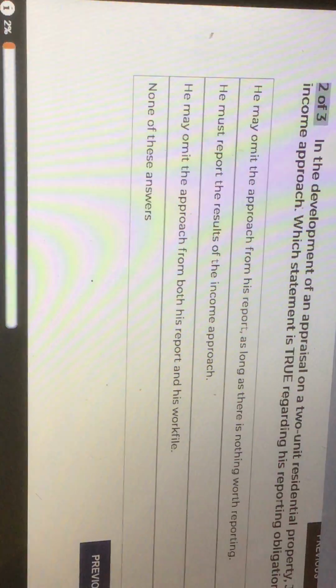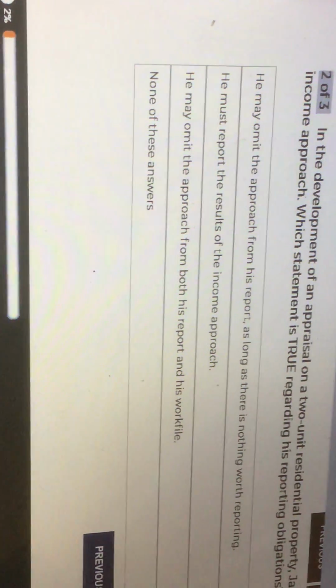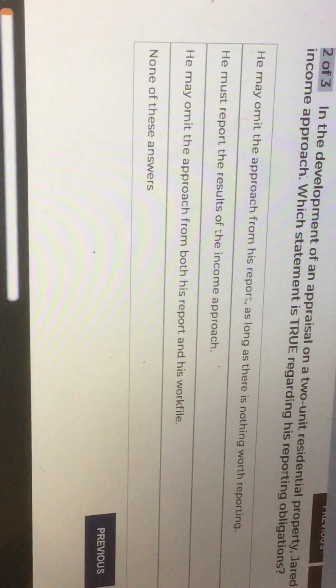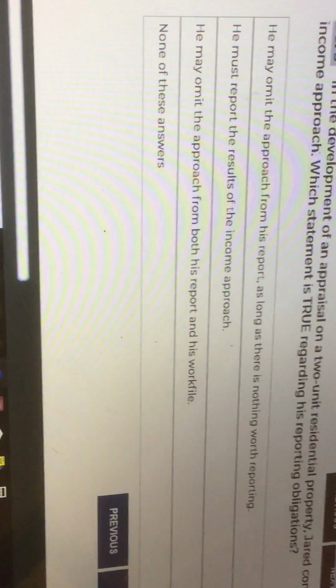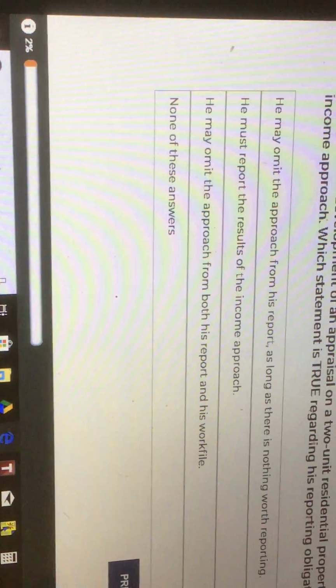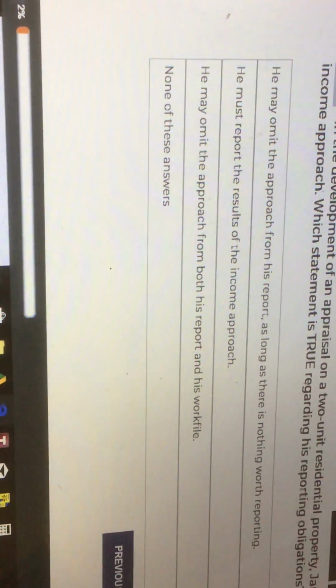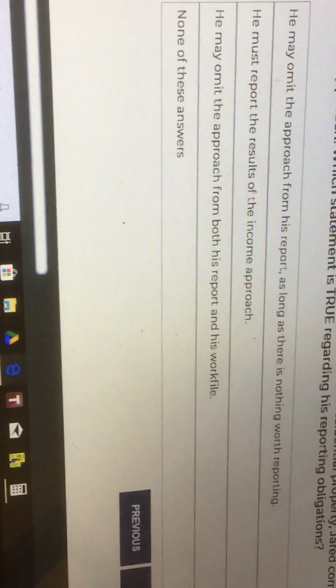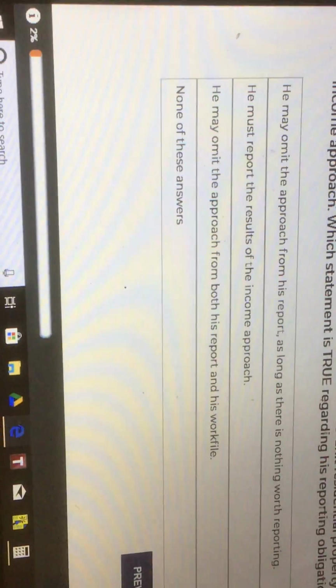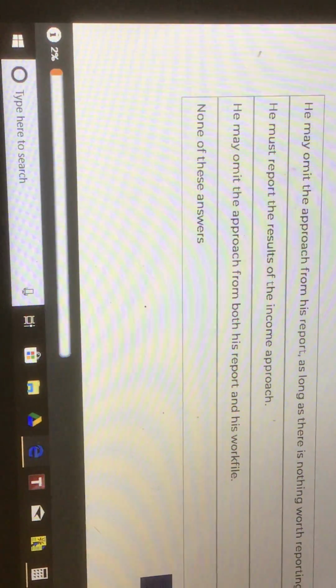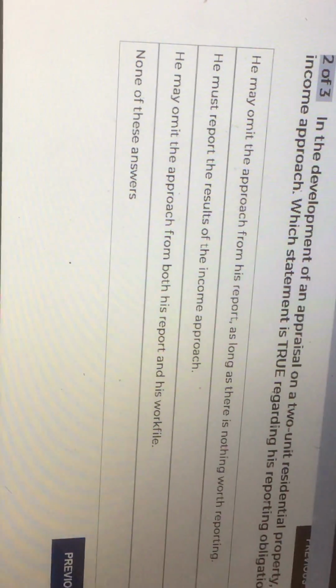I'm thinking that's false. He must report the results of the income approach. That sounds true. He may omit the approach from both his report and his work file. That sounds false. And none of these answers. That sounds false. I'm going to go with he must report the results of the income approach.